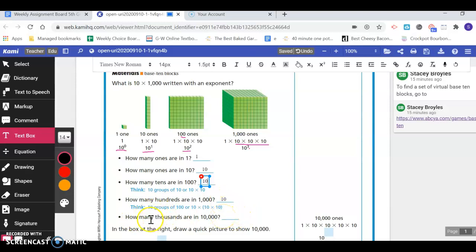Okay, next. Move on. How many thousands are in 10,000? How many thousands would there be? That would be, let me think. Probably, I would go with 10.